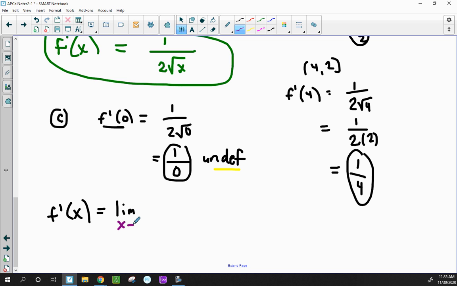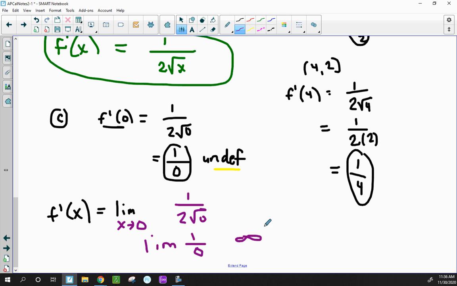So, let me ask you this. If this is the derivative, and you were to put 0 in place of x and do the limit, then 1 over 0, the limit of that is going to go to infinity.